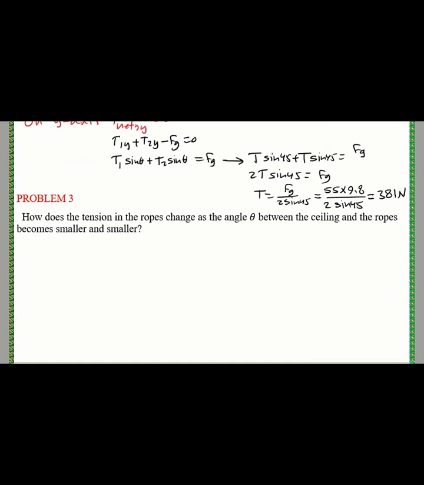How does the tension in the rope change as the angle theta between the ceiling and the ropes becomes smaller and smaller? Theta becomes smaller and smaller, then the tension becomes larger and larger.